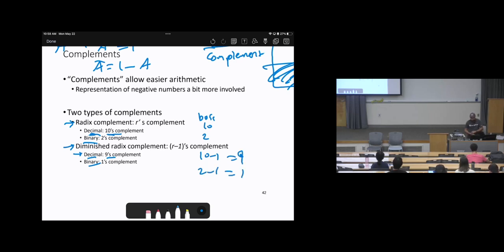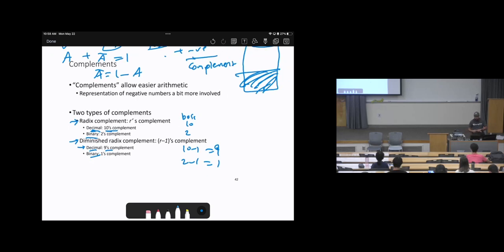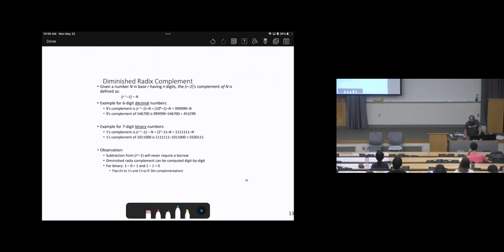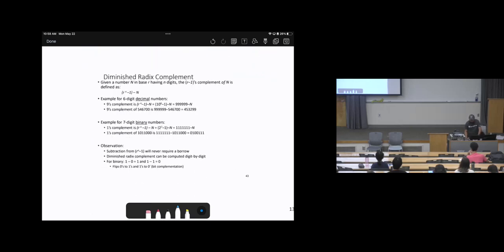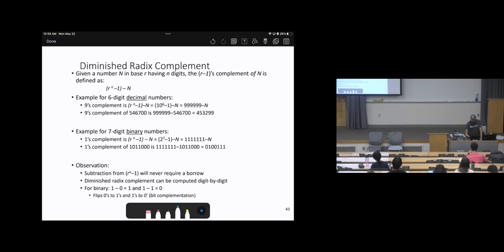I'm going to go through it now. These two bases exist because we need to make sure, I think we're running out of time, so we have 1 minute, that if we make the complement first, can the complement achieve the negative number? That's what we will see next lecture: how to apply first the diminished radix complement, which is the 9's complement and 1's complement.